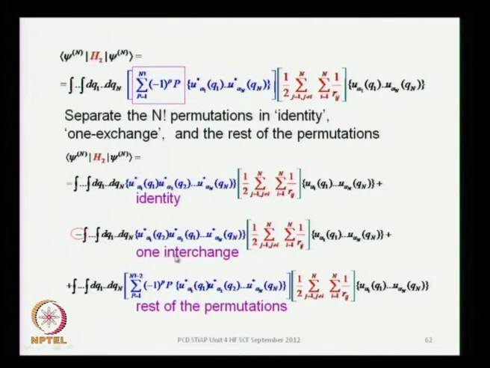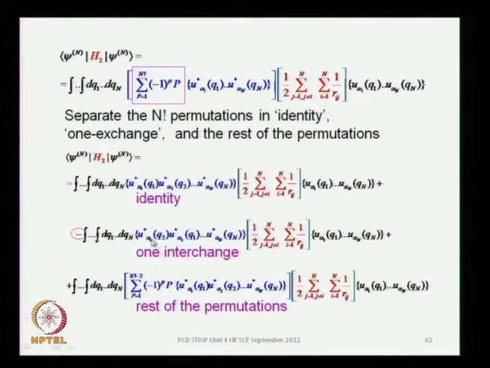Then there is one term corresponding to one interchange, and since there is one interchange there is a minus sign here, and the arguments q1 and q2 are swapped in these two, u alpha 1 star q2, u alpha 2 star q1. Okay. The arguments q1 and q2 are swapped, but the arguments of all the other spin orbitals remain exactly the same, they are not touched, because there is only one interchange that we are talking about.